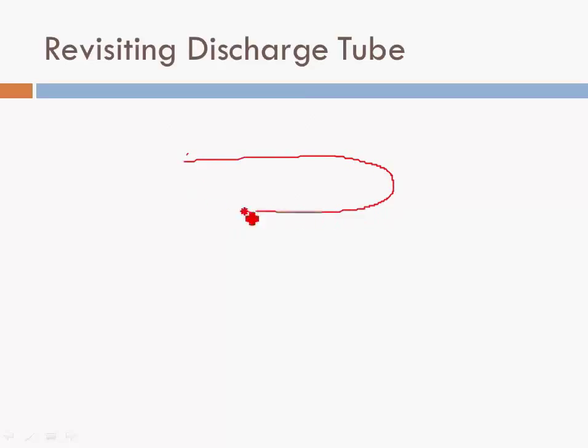Let's revisit the discharge tube again. Let's see what was going on over there that electrons were formed. See, very quickly now, because we already know how discharge tubes work. So this is a discharge tube. I have the cathode here and the anode. Let's say my cathode and anode are made up of very thin metal foils.